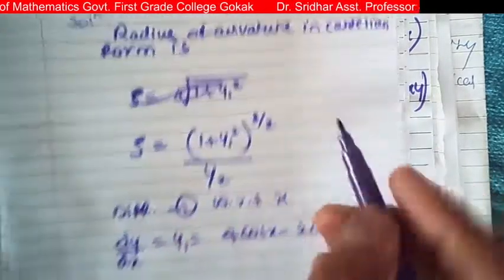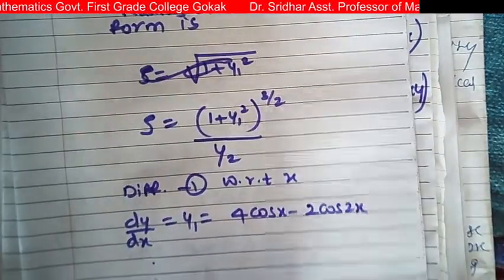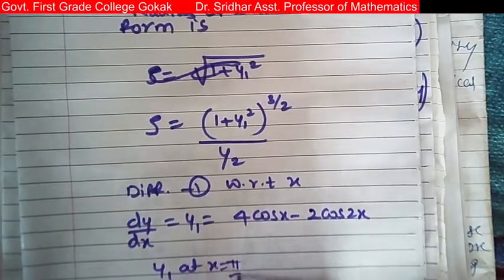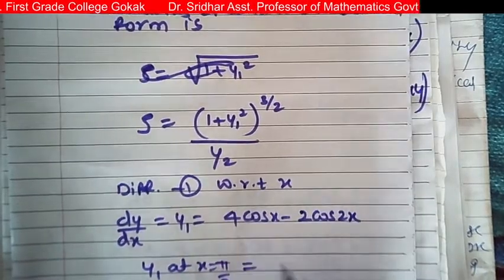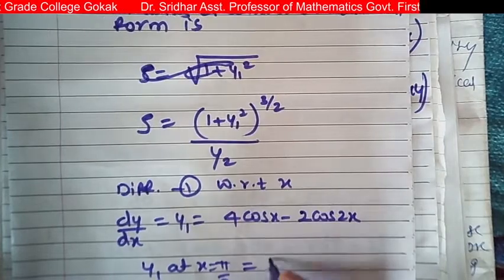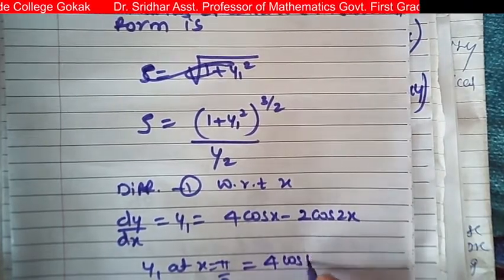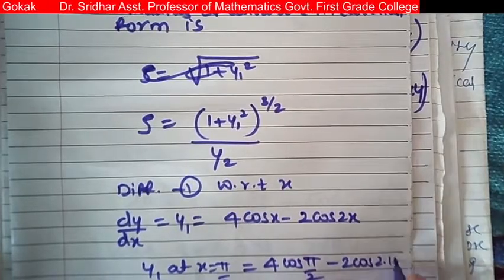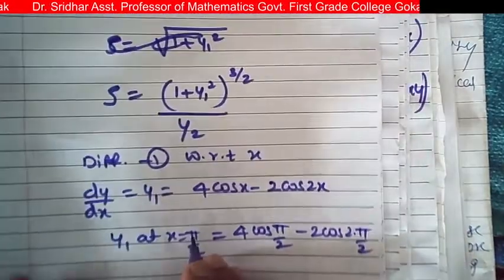Now we have to find the radius of curvature at x equal to pi by 2. So we calculate y1 at x equal to pi by 2: 4 cos pi by 2 minus 2 cos 2 into pi by 2.